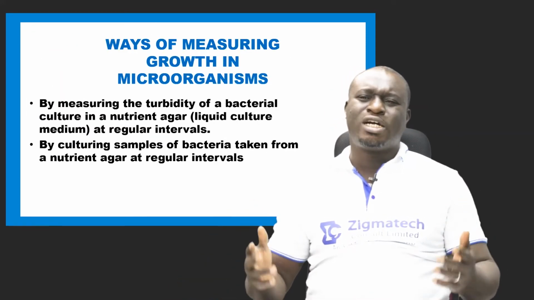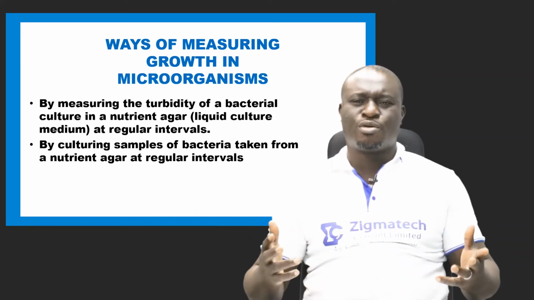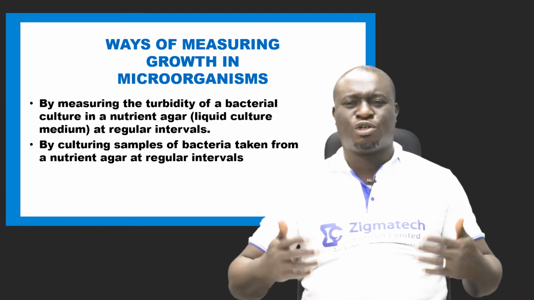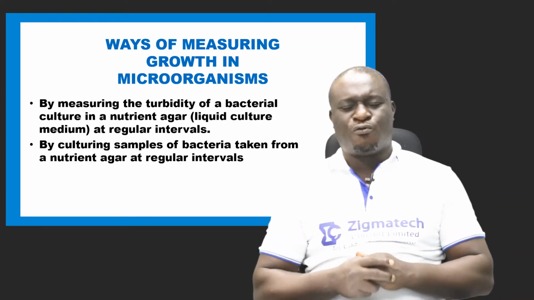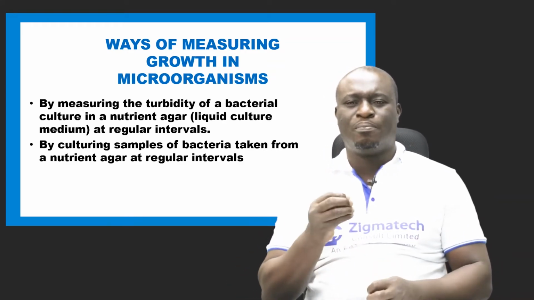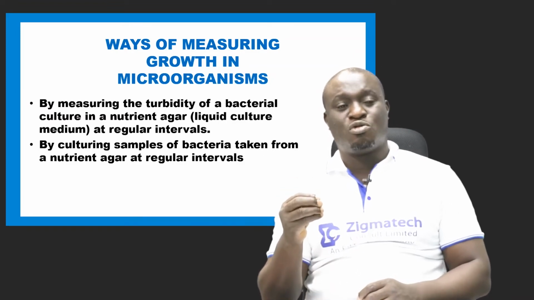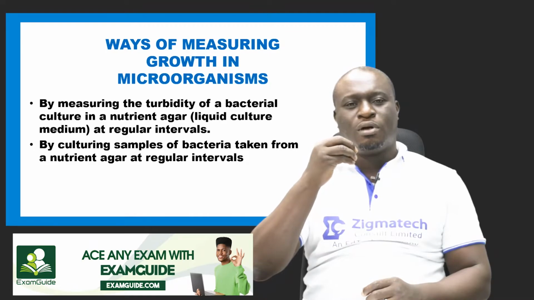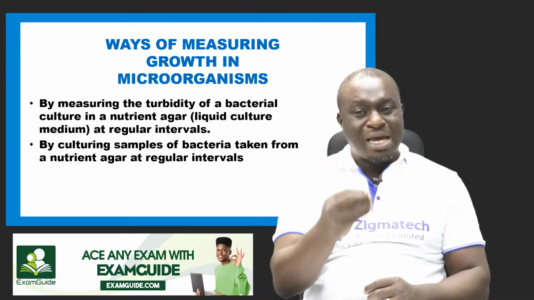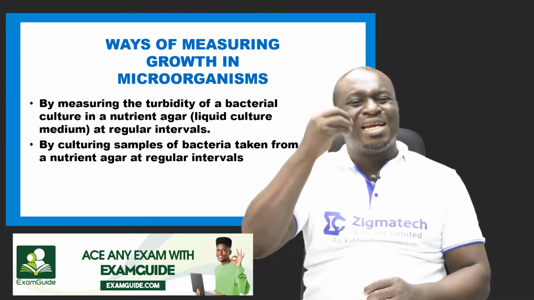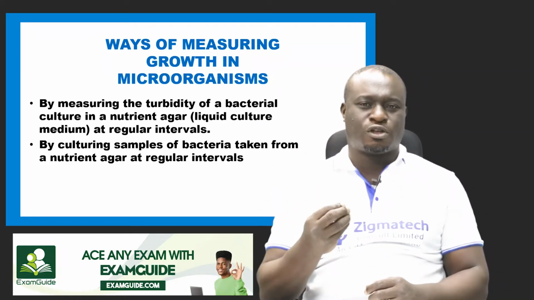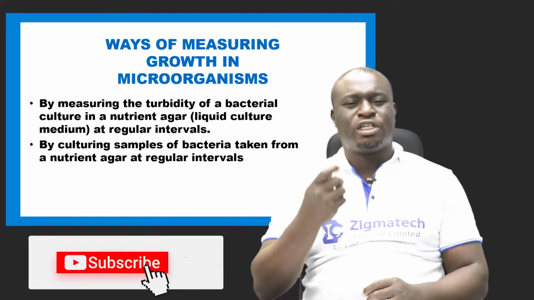Now, moving to ways we can measure the growth of microorganisms. In the laboratory, the first one is by measuring turbidity. This is done when you are using a liquid culture like a broth.